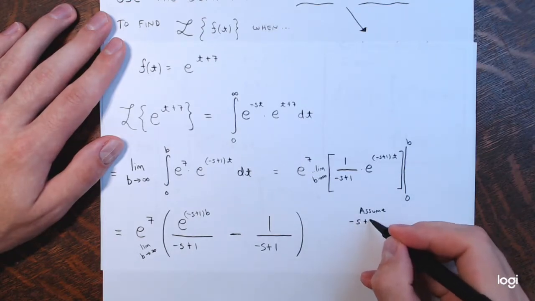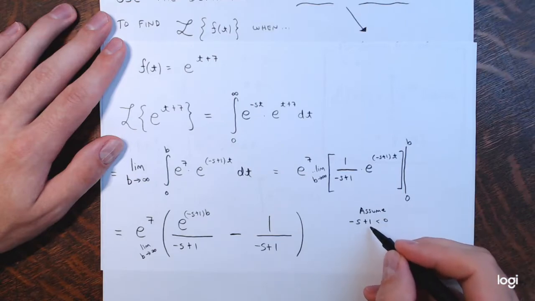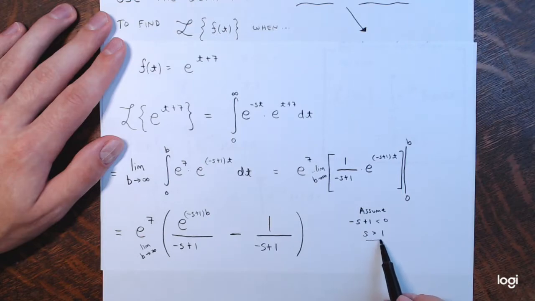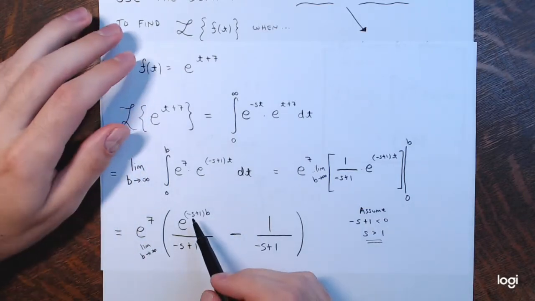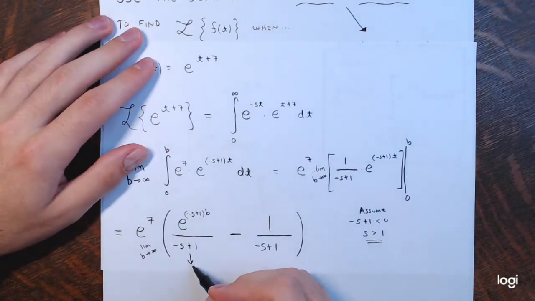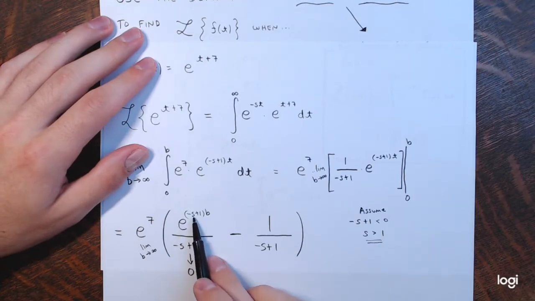So I would need negative s plus 1 to be negative, right? In other words, I need s to be greater than 1, and if that were the case, then this limit would approach 0, right? Because this would be e to some bigger and bigger negative power approaching 0.